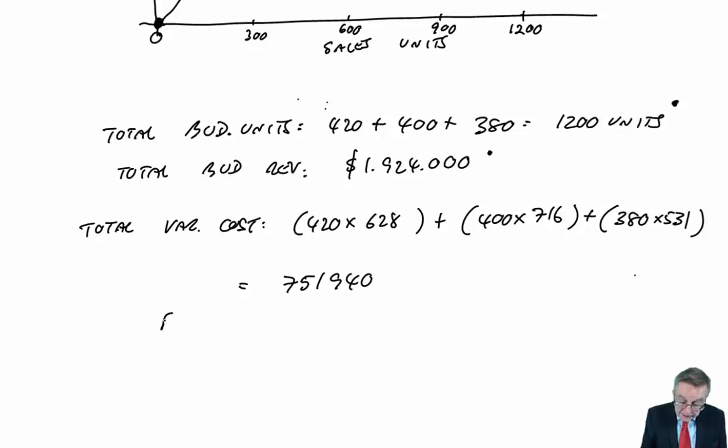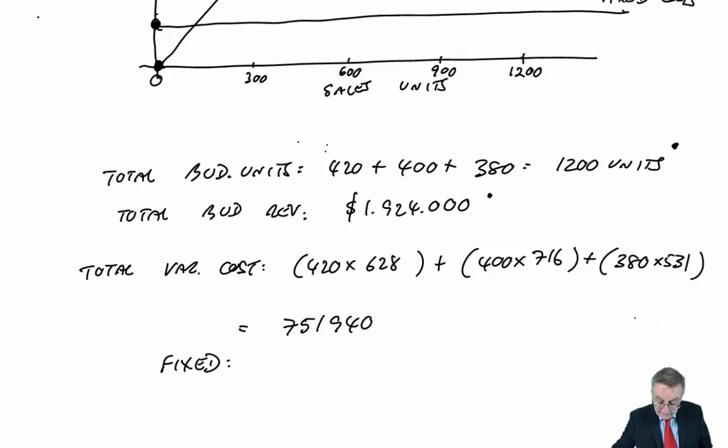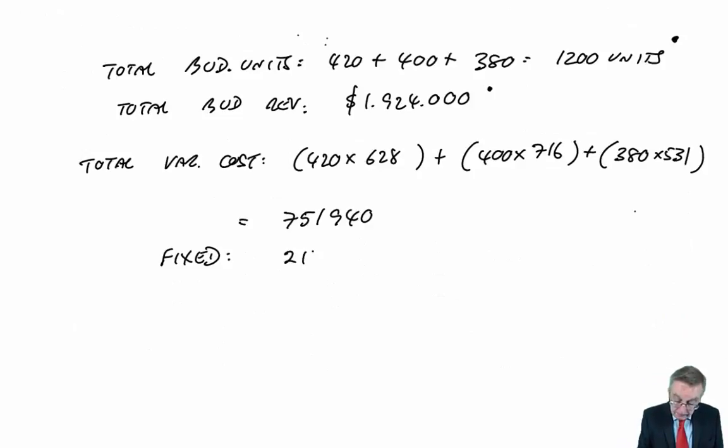In addition, we've got the fixed costs. I did a moment ago of 200 and something. 211,360. So the total budgeted cost.